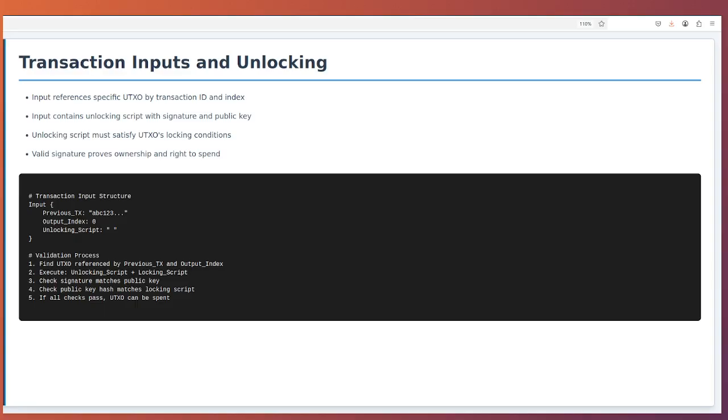When nodes validate your transaction, they execute the unlocking script together with the locking script. If the scripts execute successfully, meaning your signature is valid and matches the required public key, the UTXO can be spent. This script system is actually quite powerful and flexible, allowing for complex spending conditions, but the simple signature verification case covers the vast majority of Bitcoin transactions.